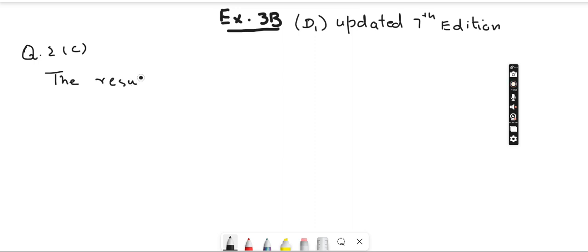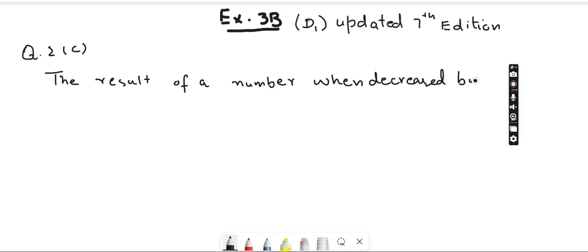Whenever they talk about a result, the result of a number is the result of a number when decreased by 15% is 161. Find the number. We have to find the number.